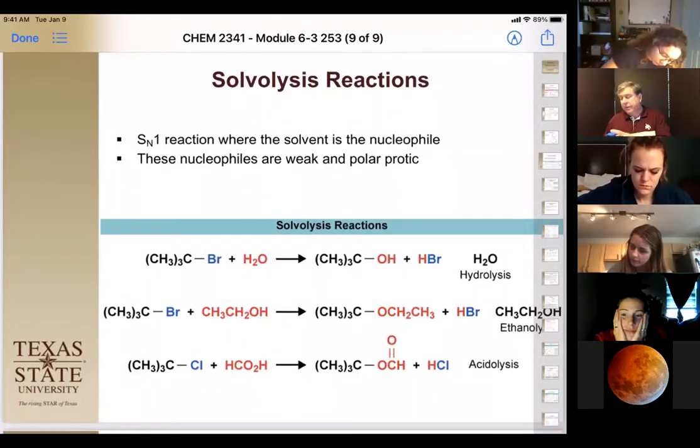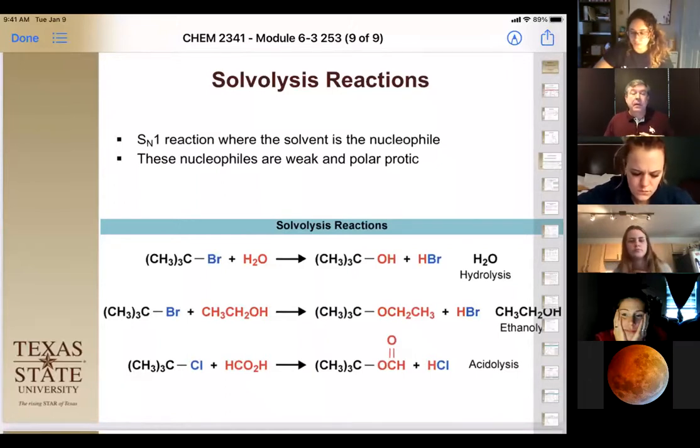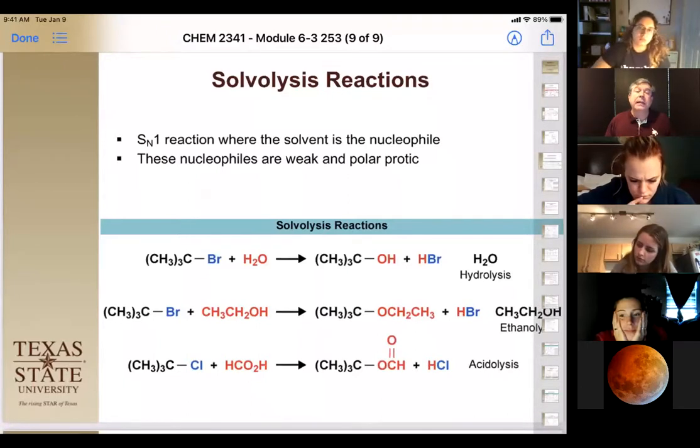So the other thing we can do here is, instead of the solvent being just a bystander, we can actually use it as the reactant. Okay. Now, in the case of a polar protic solvent, it will help support the carbocation as it goes, and then that solvent can act as a weak Lewis base and react with that carbocation.